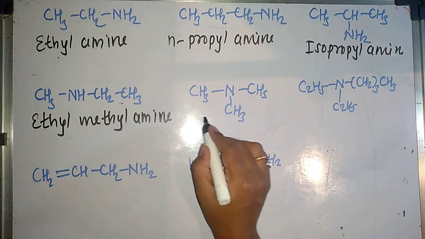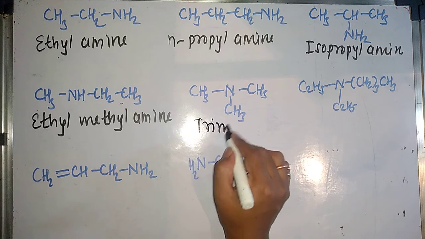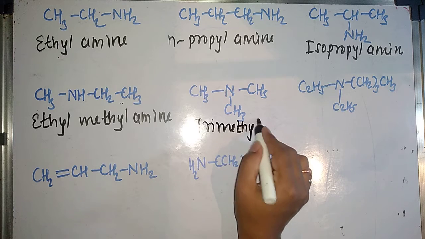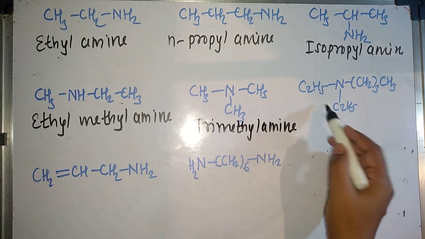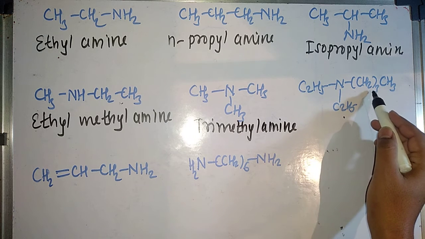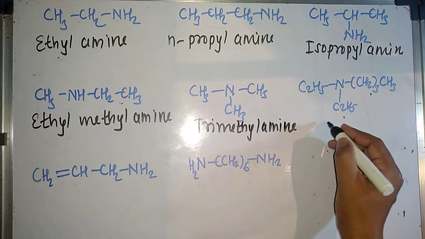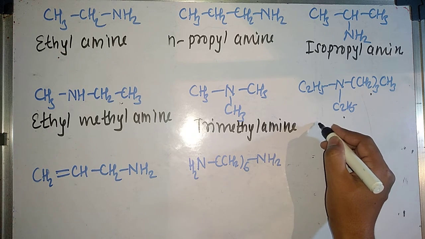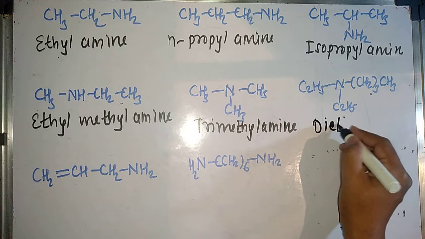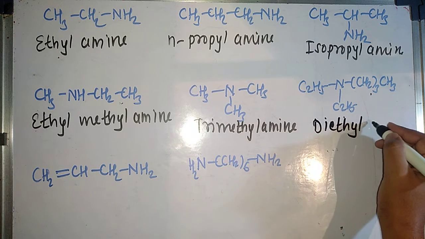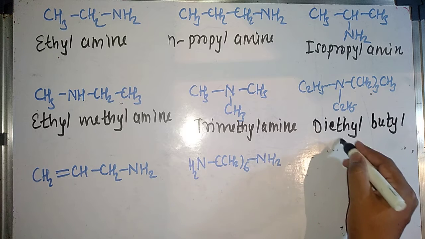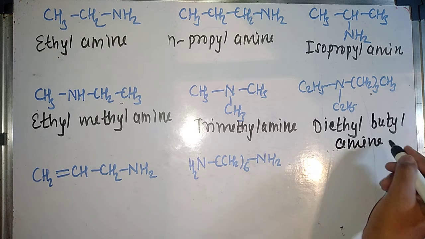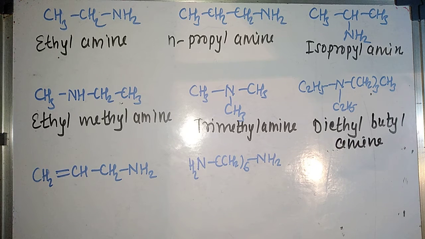I have 3 identical methyl groups, so I will write it as trimethylamine. In the same way, here I have 2 ethyl groups and this butyl group, so I will write its name as diethyl, this is butyl. Diethylbutylamine is the correct common name of this compound.